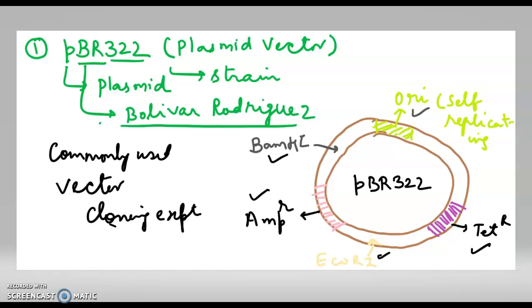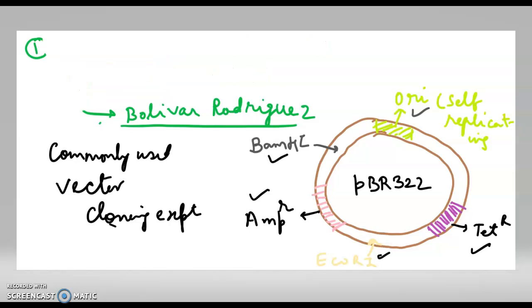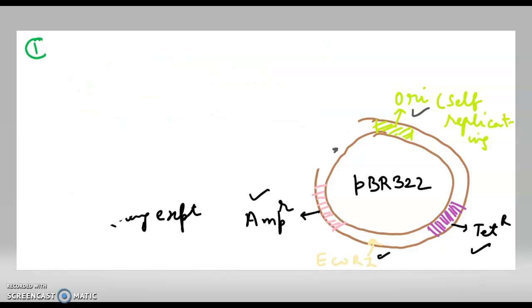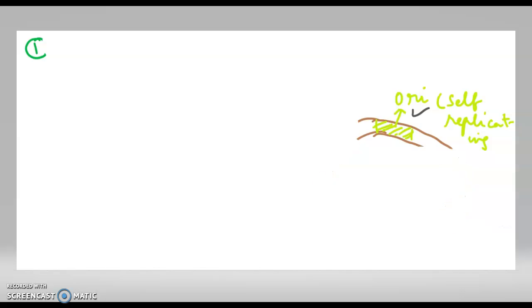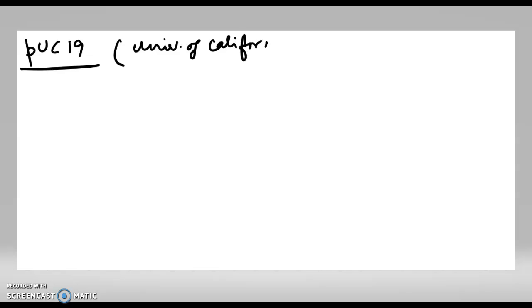Now the second type of plasmid which can also be used for cloning experiments is termed pUC19. This was established at the University of California, that's why it is known as pUC19.